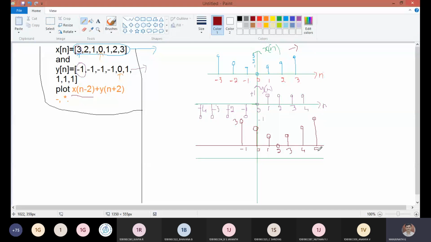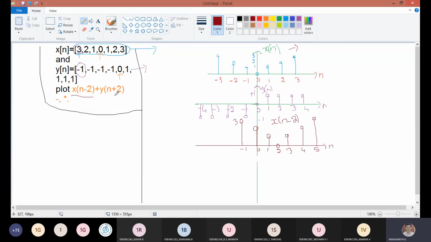Okay, now, understood the thing what we did just now? Yes, sir. So the plot you have got, you just need to mark it on the y-axis. So this is my n minus 2. So clearly you should mention the things properly. So this is n.